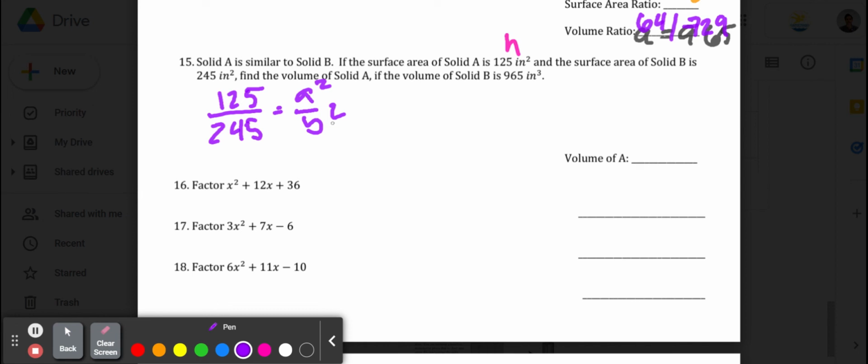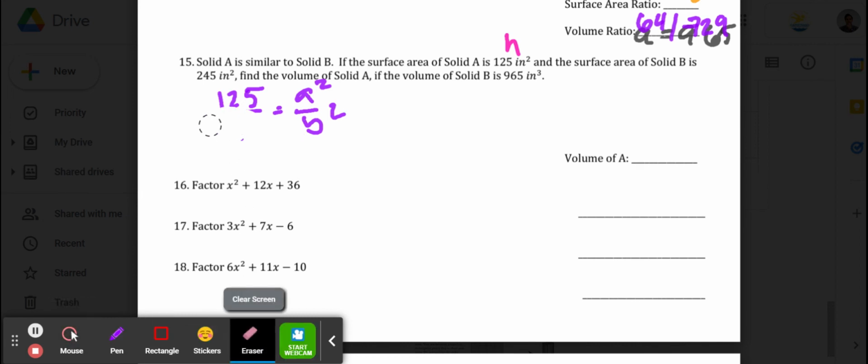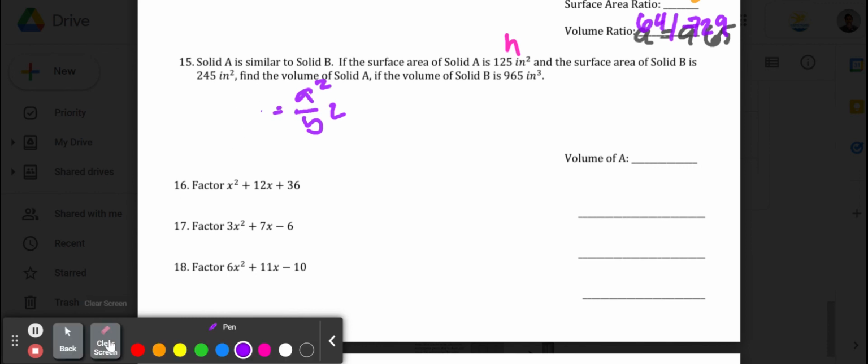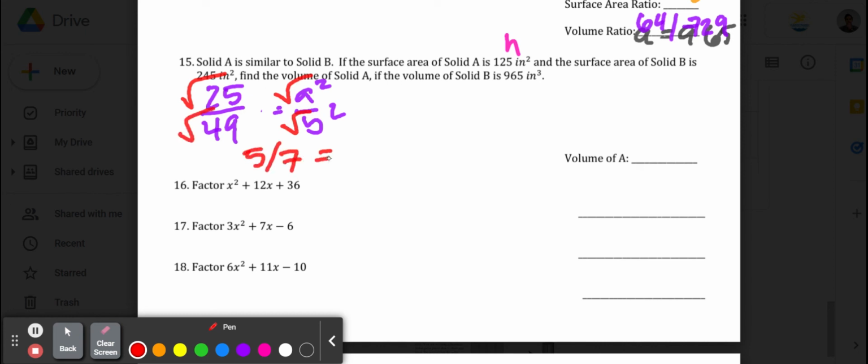But I think 5 is going to go into both of these. So if I reduce this first by dividing by 5, I think I'm going to get 25 over 49. So again, that's just reducing it. So I need to get to my A to B. So I'm going to square root this. So I get 5 over 7. And that gives me my A to B.